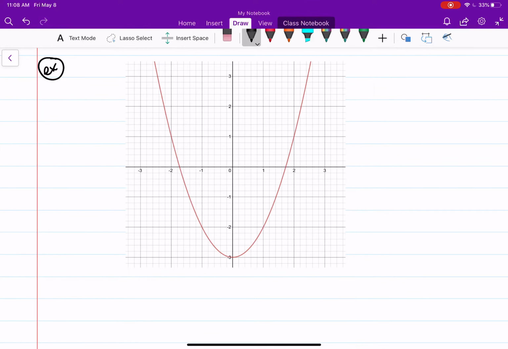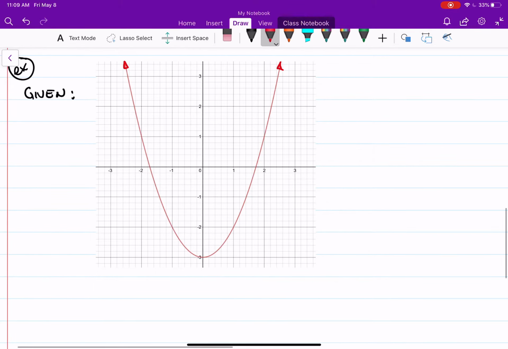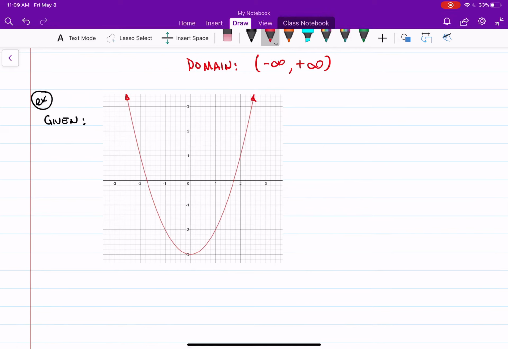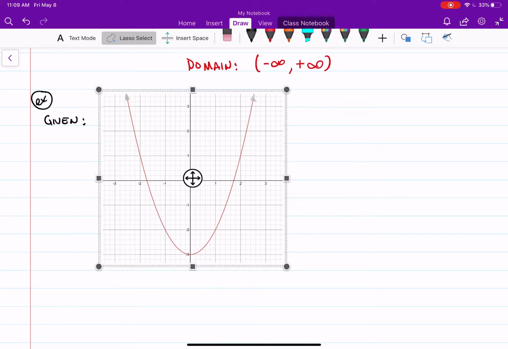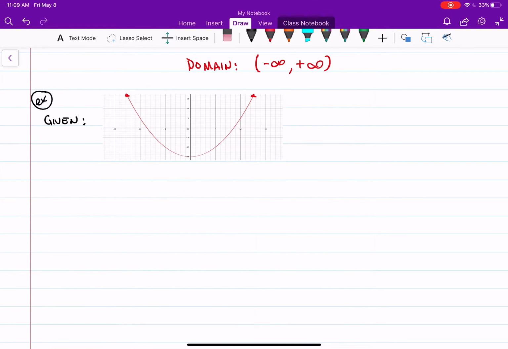So we're given this, and we have to find the domain and range. Again, we know that these are arrows here. Domain is all the possible x values. So for the domain, I want to take this whole thing and just squish this. Why won't you go any further?